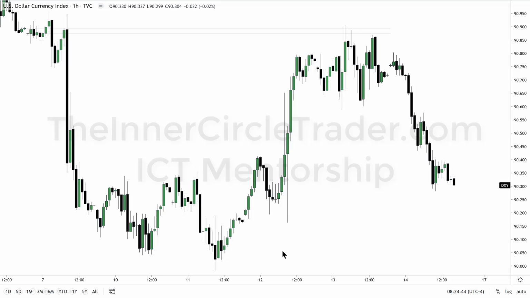Now, I mentioned how this could have very well become a market maker buy model. I mentioned that on the midweek review. This still is one of the characteristics of a market maker buy model, where it goes up into the optimal trade entry of the parent price swing, which is actually prior to this over here.